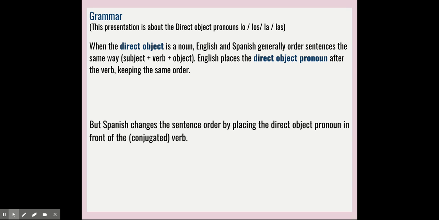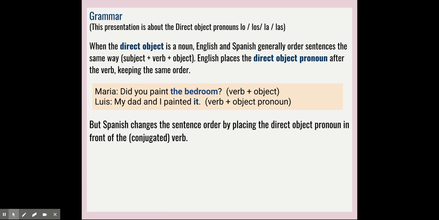But Spanish changes the sentence order by placing the direct object pronoun in front of the conjugated verb. Let's take a look. Maria, did you paint the bedroom? Object, verb. Luis, my dad and I painted it. Verb plus object pronoun.